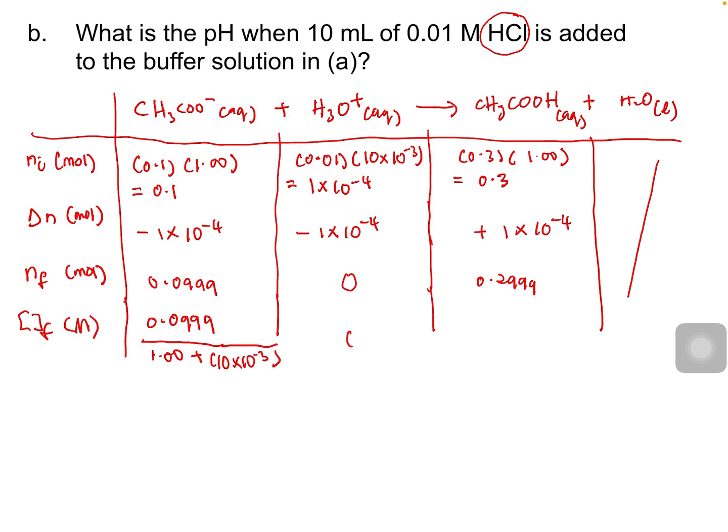Ya, ini memang 0 lah. Okay, kat sini 0.2999 bahagi dengan total volume juga. Total volume ni kalau kita kira dia ialah 10.01. Okay, ingat mesti kena dalam liter. Okay, so dah dapat concentration final, bolehlah terus cari pH.